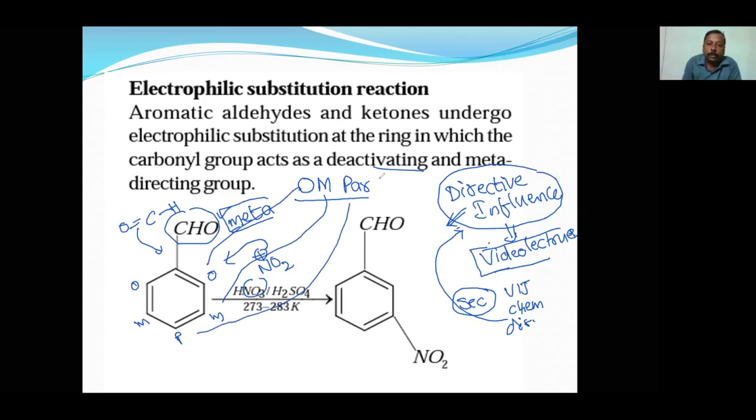This is a memory trick. According to this memory trick, you can identify ortho, meta, para. Starting will be ortho, second will be meta, third will be para. So now you will never forget. Once you forget, take Lord Shiva's name, Om Parameshwara. He will help you. Next, let us see the next slide.